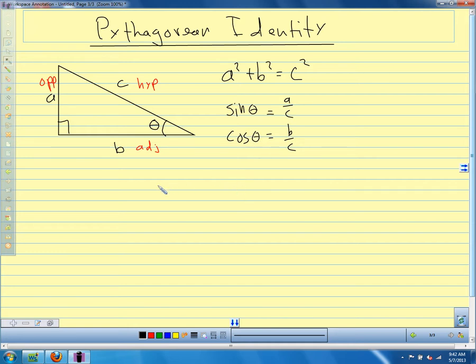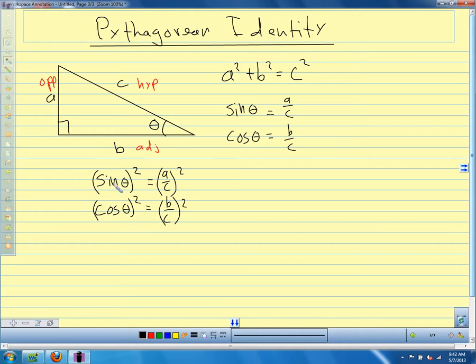So I'm going to write sine theta squared. If I square that, I get A over C squared. Cosine theta squared is B over C squared.